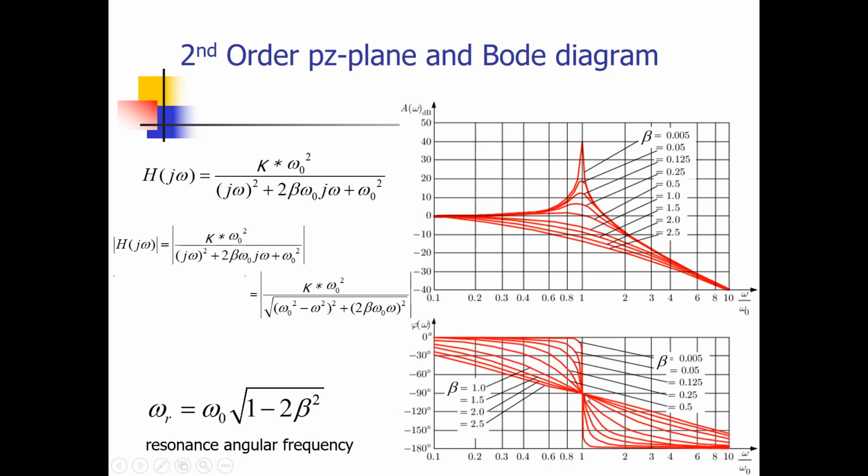And the lower the beta value is, the more abrupt this behavior will be. Well, that's about what we call the resonance angular frequency, and also around that frequency we have our definition of the bandwidth, which is often equal to the undamped angular frequency omega 0 over here.